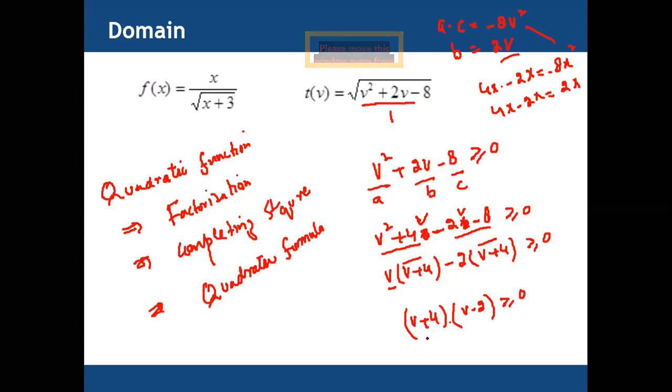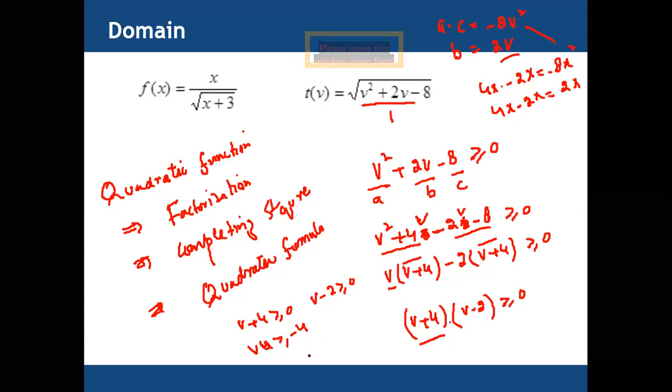So simply you can write two possibilities. First, v plus 4 greater than or equal to 0. Second, v minus 2 greater than or equal to 0. For v plus 4 greater than or equal to 0, if you transfer 4, v is greater than or equal to minus 4.